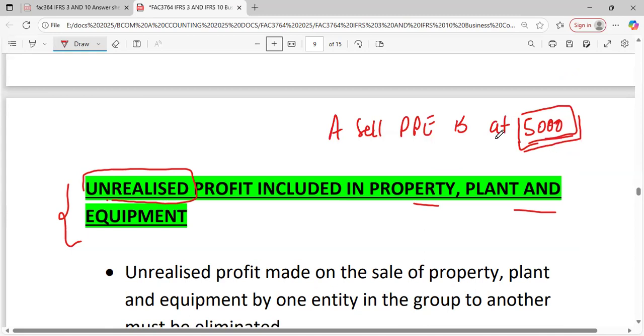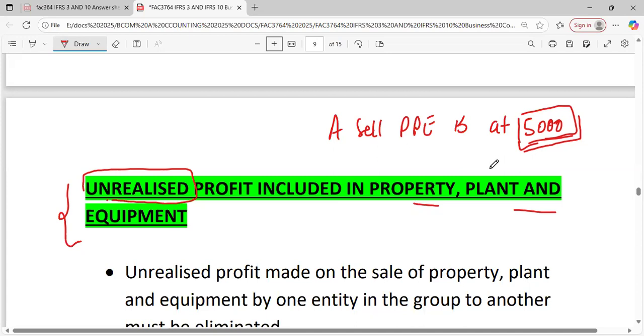But do you know, during that current year, a depreciation was done, including this 5,000. So you now have eliminated this 5,000, which means the excess depreciation must be added back.